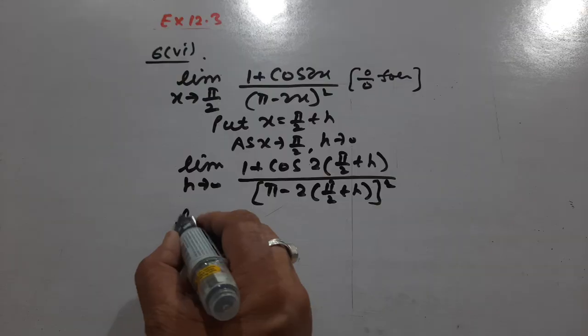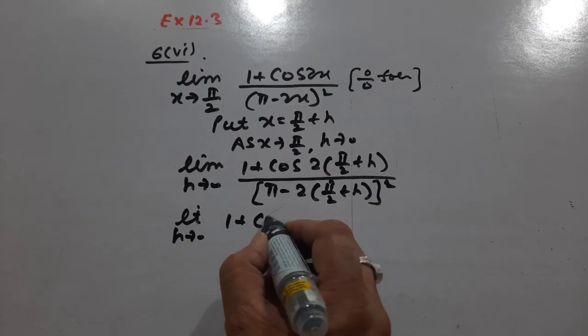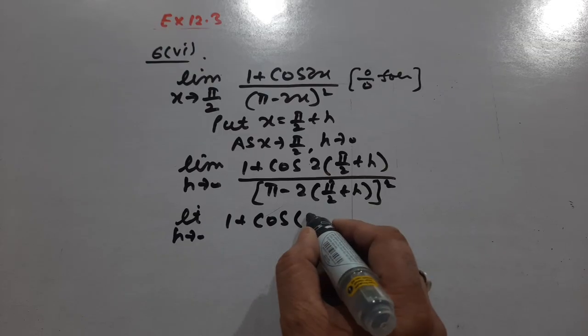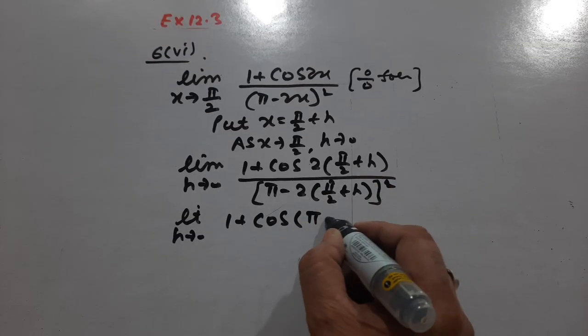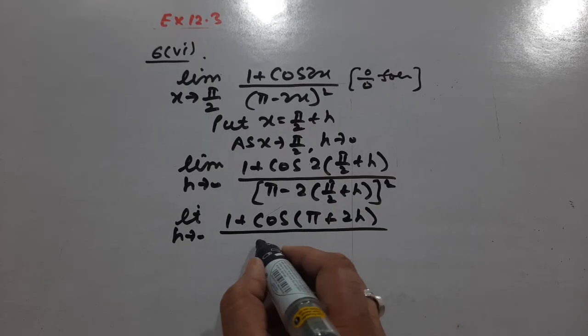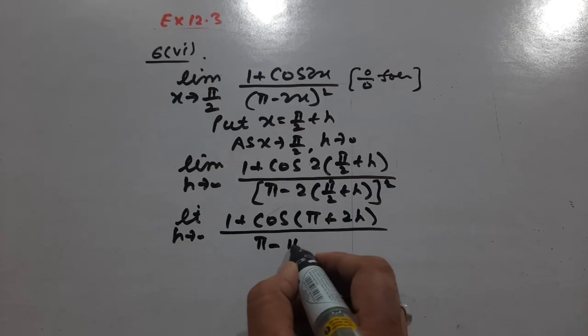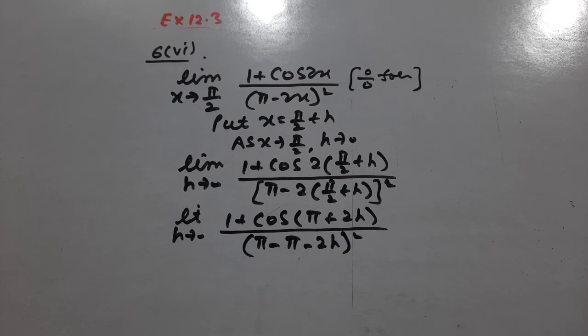Right? So solving it, limit h tends to 0, 1 plus cos. Now solving it, we get 2 into pi by 2 is pi, 2 into h is 2h, and here we get pi minus pi and minus 2h its whole square.